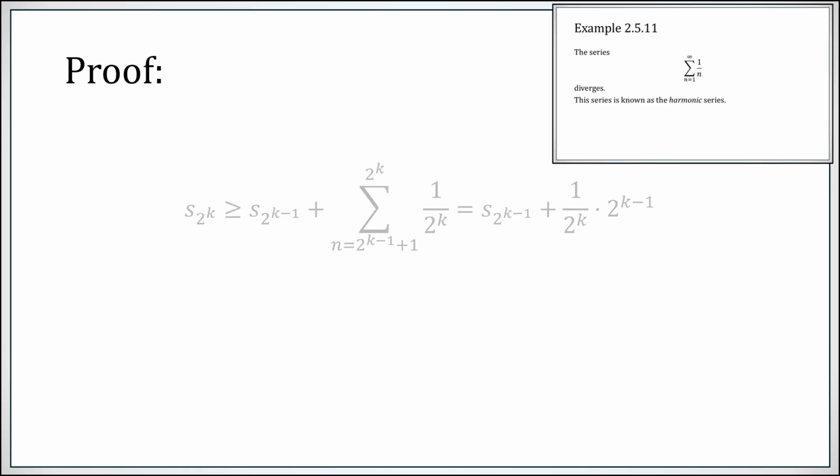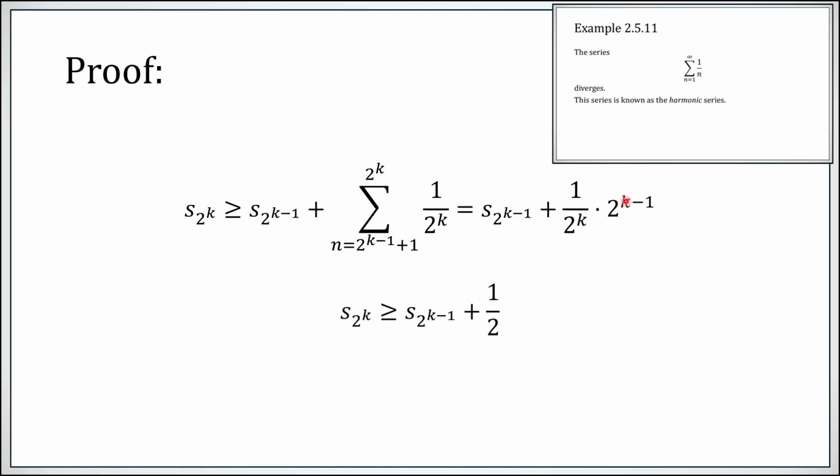So the next partial sum in our subsequence is at least as big as the previous partial sum plus this sum of constants, which we've just determined is 1 over 2 to the k times 2 to the k minus 1. But hey, (2 to the k minus 1) over 2 to the k is just 1/2. So in our subsequence, when you go from one partial sum to the next, you increase by at least 1/2.